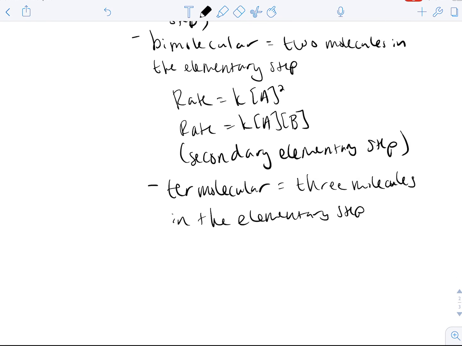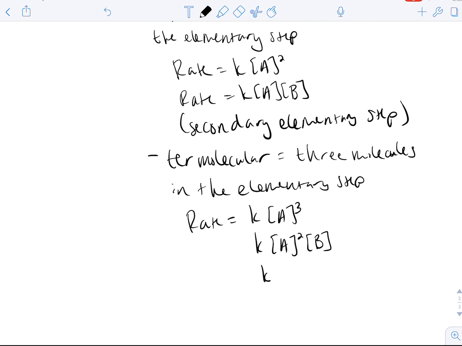So here our rate could be k[A] cubed, or it could be k[A] squared [B], or k[A][B] squared.